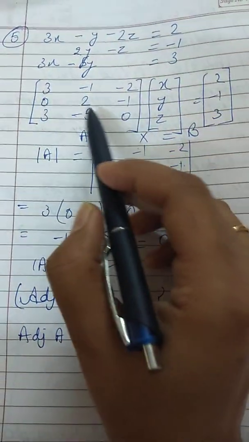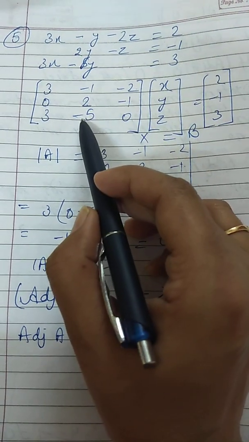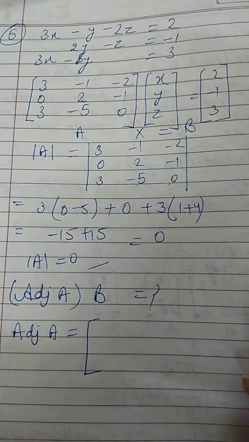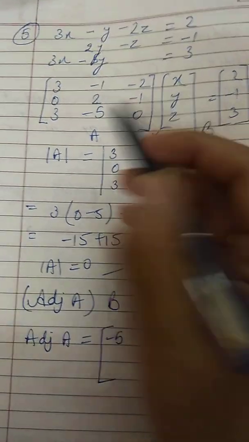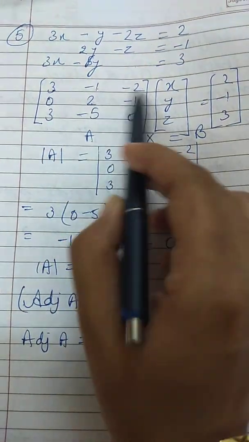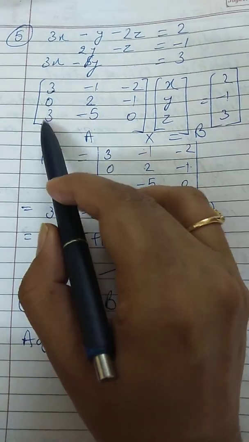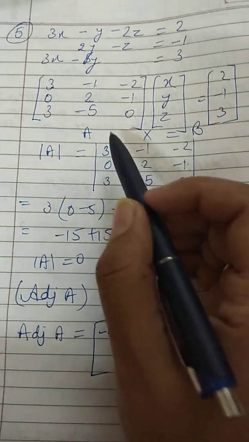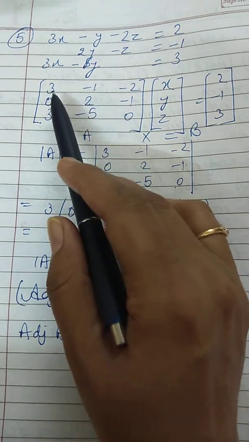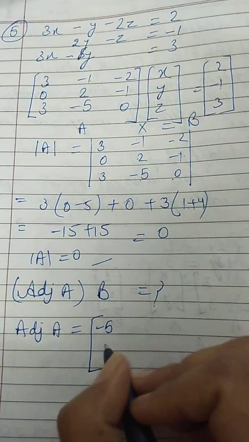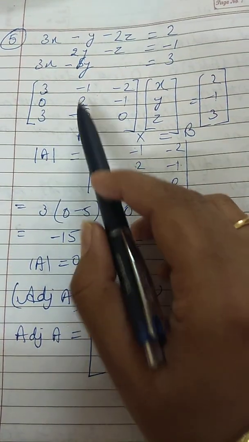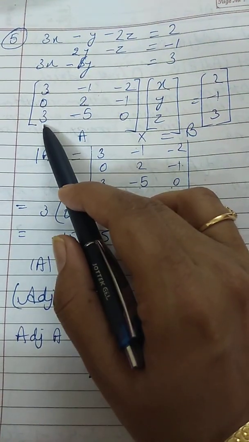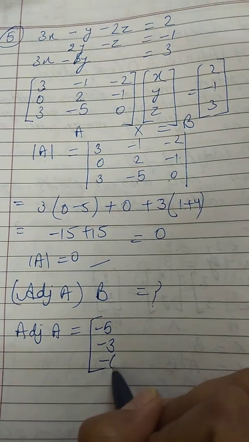Cofactor of 3, it will be 0 minus 5, so it will be minus 5. Okay, then cofactor of minus 1, this row and column will not consider, 0 plus 3, but remember this is odd position, so minus 3 will come here. Cofactor of minus 2, 0 minus 6, cofactor is minus 6, so minus 6 will come here.